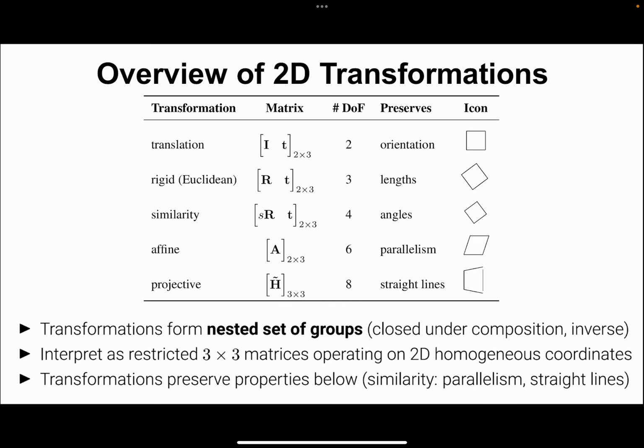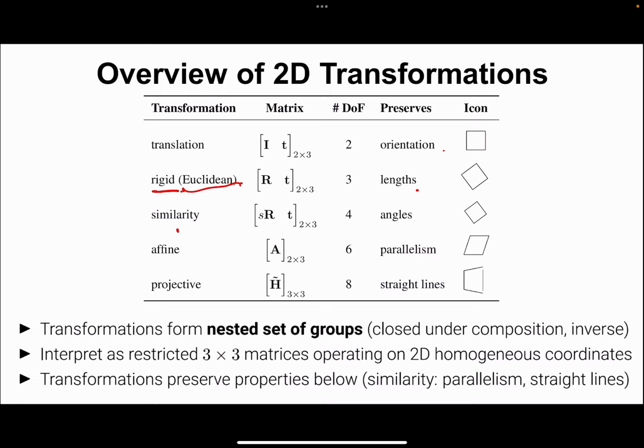Let's summarize what we learned in 2D transformation. Euclidean transformation, particularly in 3D space, is what people more often call rigid transformation. It preserves length; after applying rotation, orientation is not preserved.